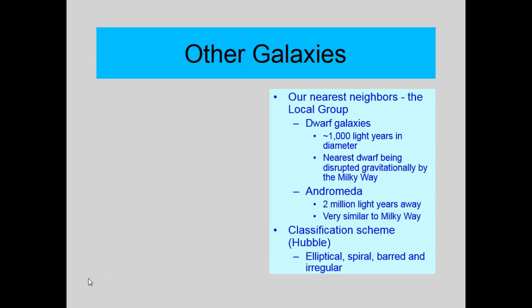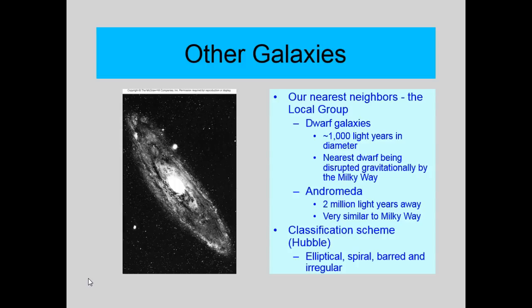So 100,000 light years is our diameter, and multiply that by 20, and that's the next closest major galaxy, and that's Andromeda. It's very similar to the Milky Way. So basically, a lot of what we know about how we look is by looking at that. And the pictures of that taken by the Hubble Space Telescope, pretty incredible. I think that's it right there.